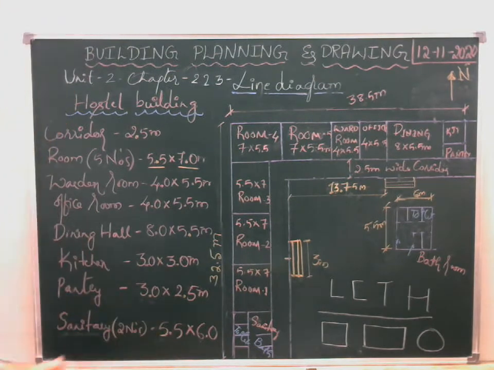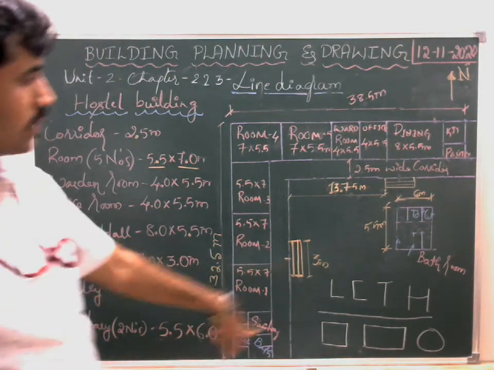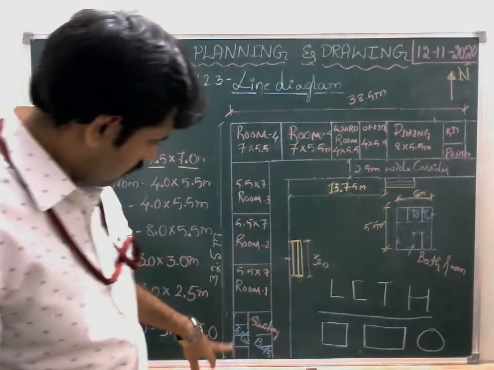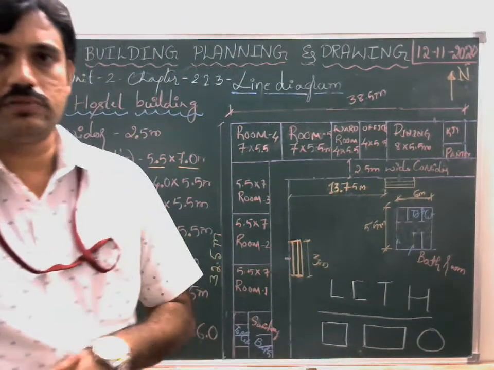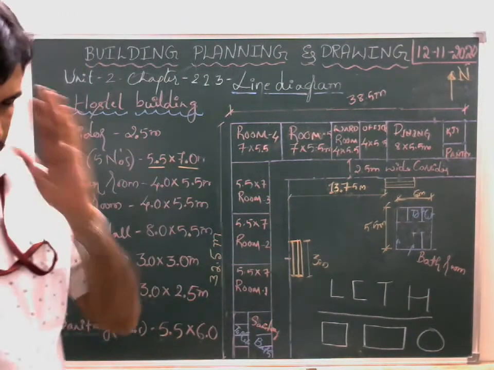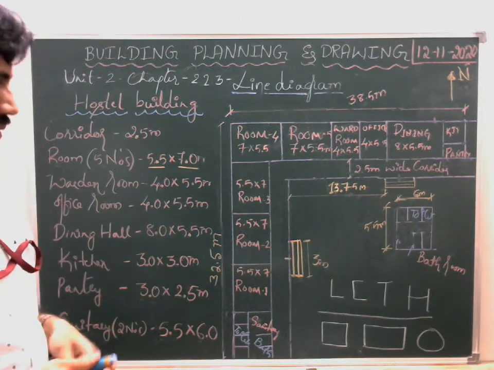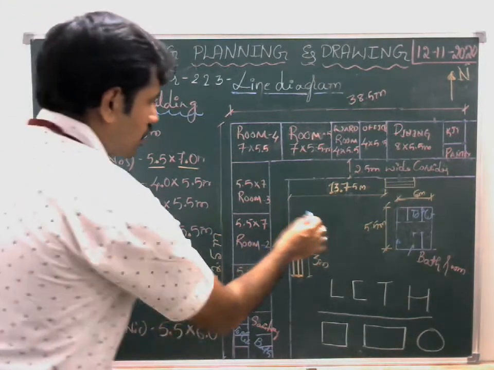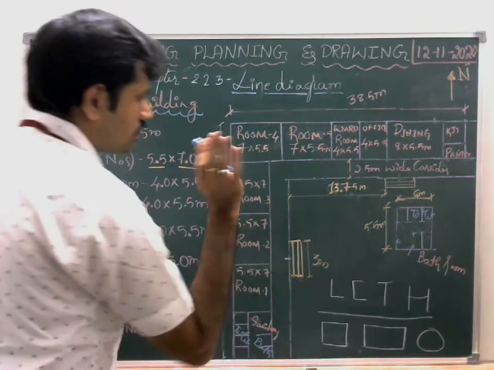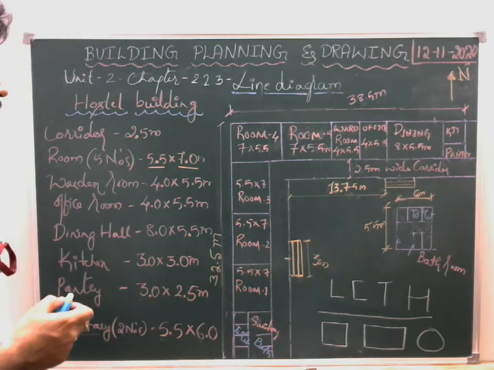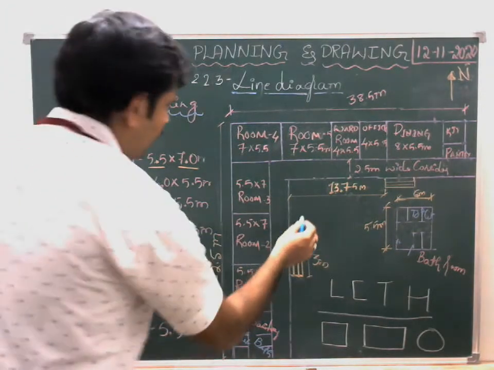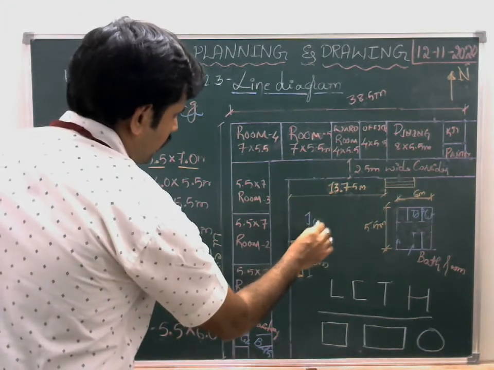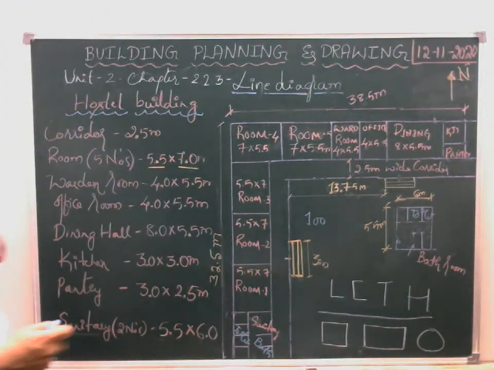The number of toilets and the number of bathrooms will be decided based on some simple calculations or common sense. If you want to calculate the number of toilets, I will tell you a simple example. In a hostel building, there are 100 students staying.